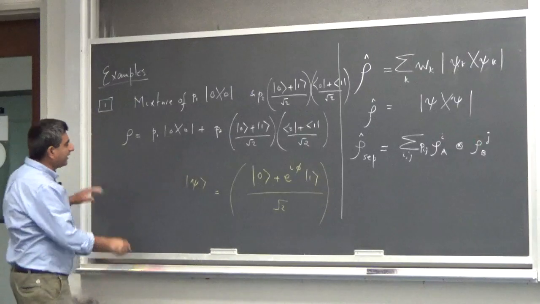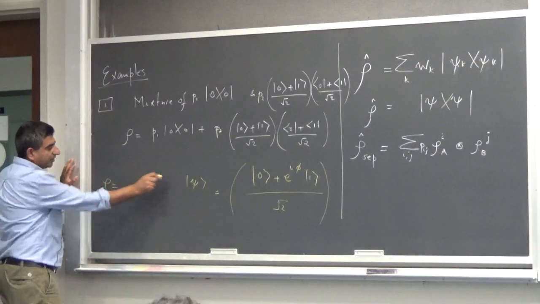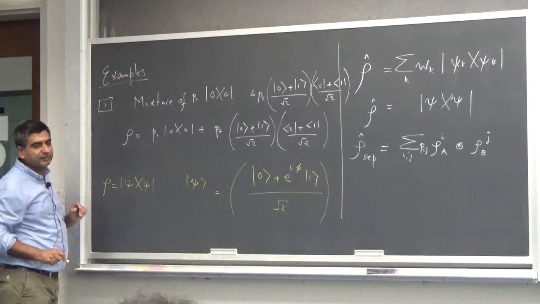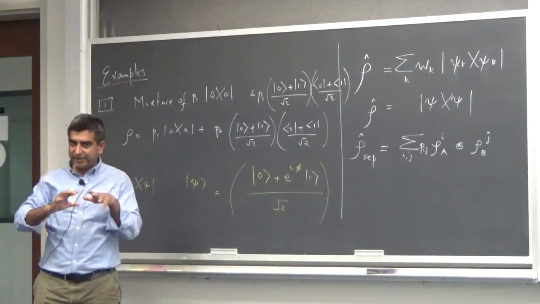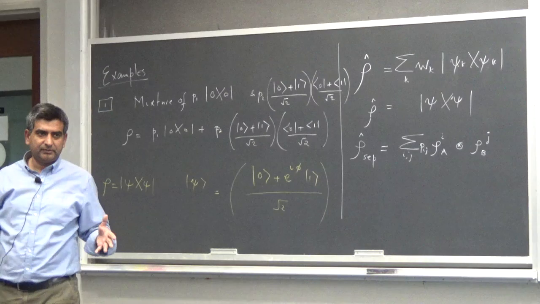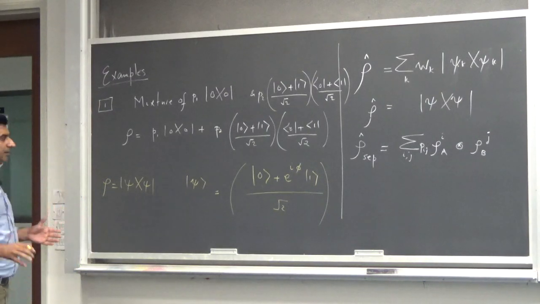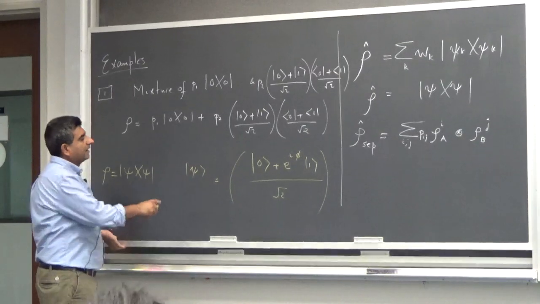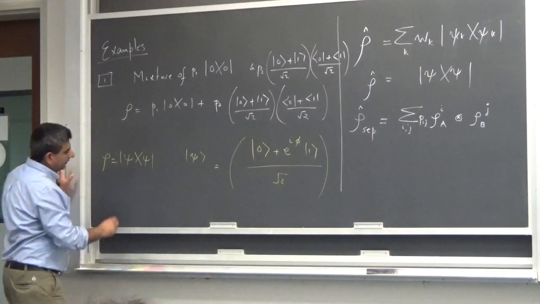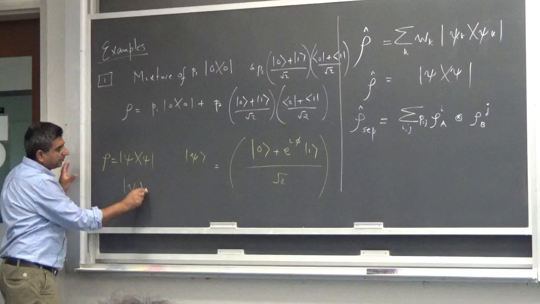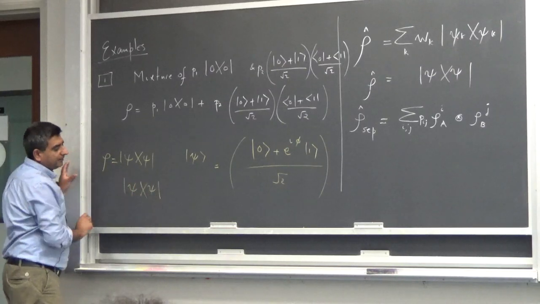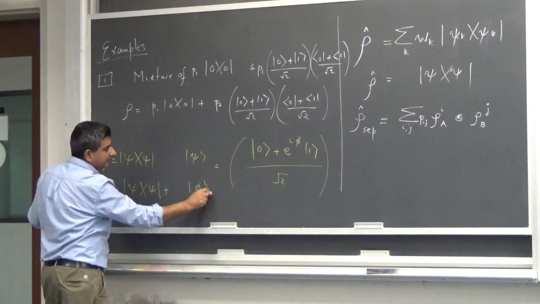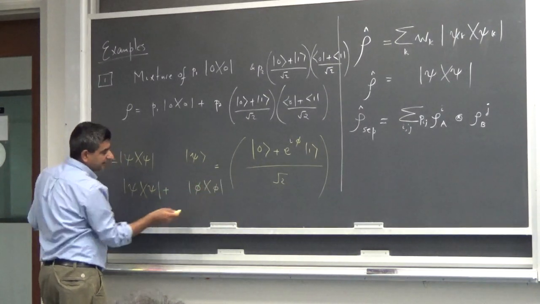And of course I can write a density matrix corresponding to this pure quantum state. That's going to be ket psi bra psi. This will turn this state into a matrix. But this is a pure quantum state. And there's a huge difference between having a mixture of this state and this state, another state.